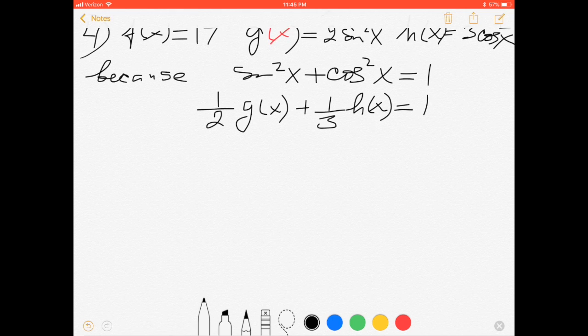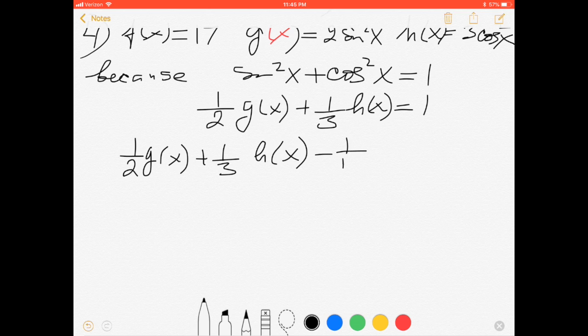This means I can write 1/2 g(x) plus 1/3 h(x) minus 1/17 f(x), which will be 1, equals 0.